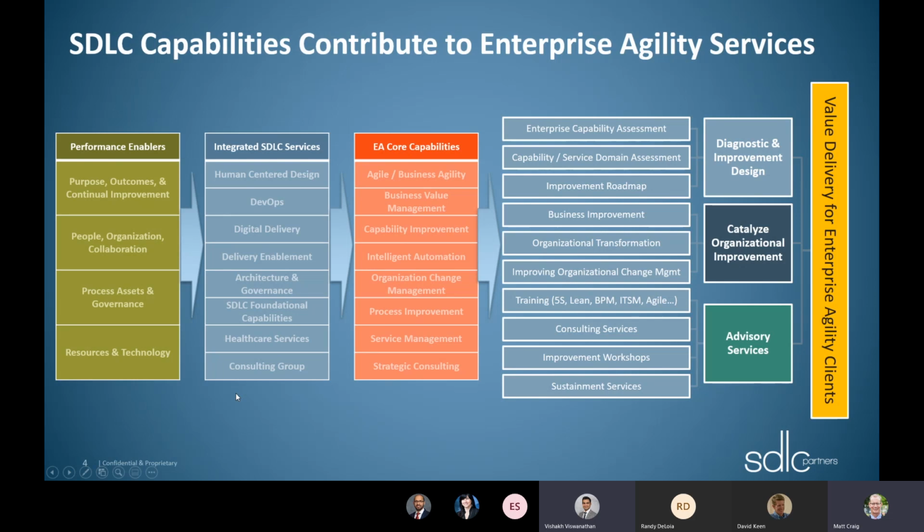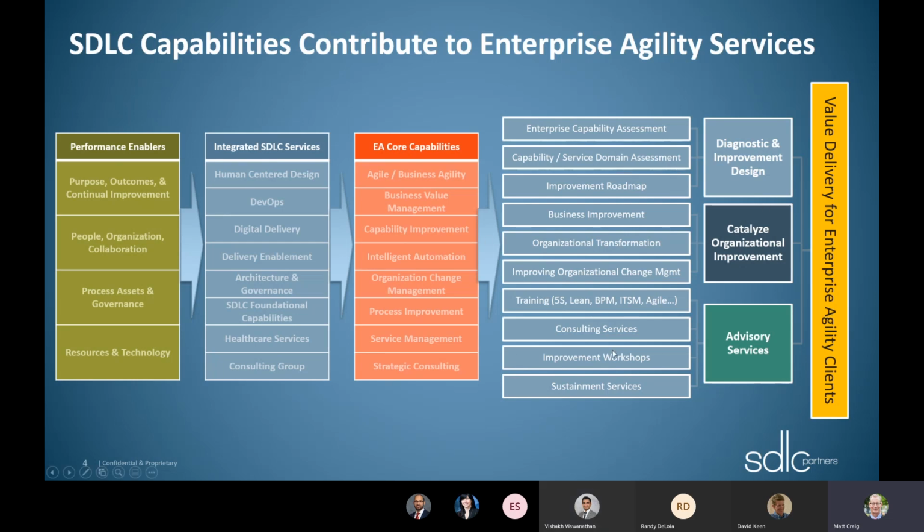Yep. So yeah. The integrated SDLC services, so those are more like, are you looking at them as add-ons to EA core capabilities, or are you viewing them more as some of the things which the core capabilities may extend into? Yeah, what I'm trying to show with this, V, is that overall, if you look at the right side, how do we deliver value to our clients?